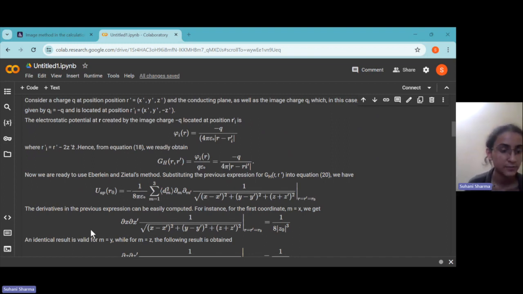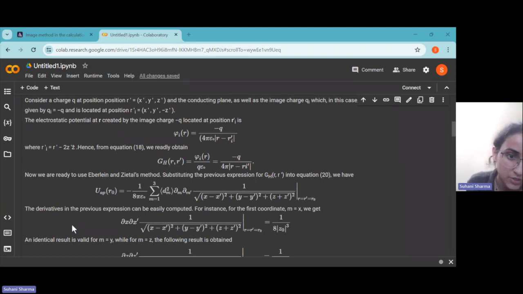To begin, we take the derived function into the method's framework. As we know, this is the GH equation here. We will substitute this expression and we will get this equation.